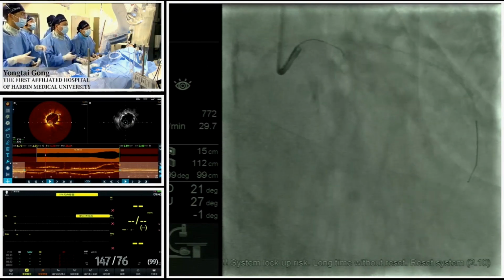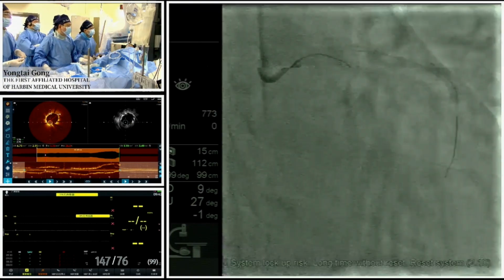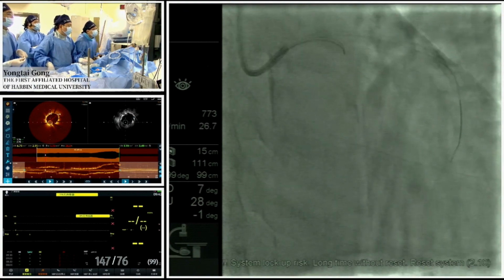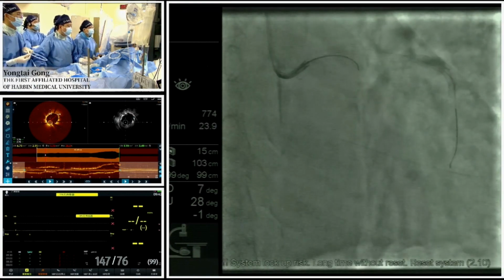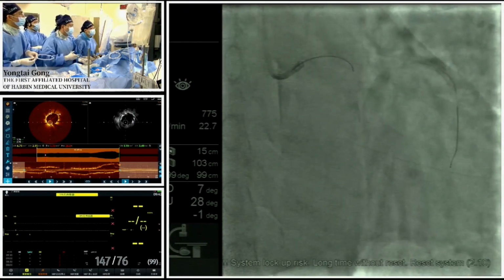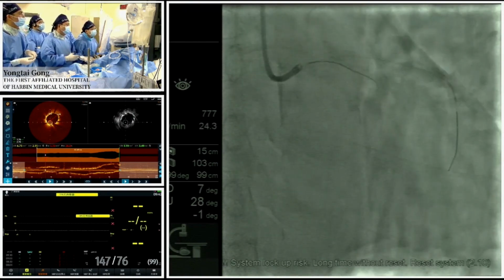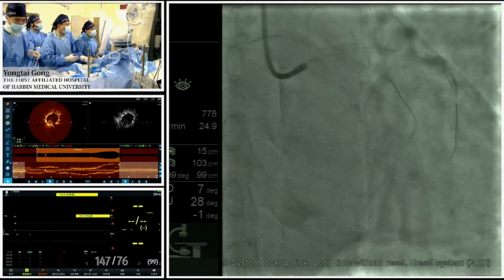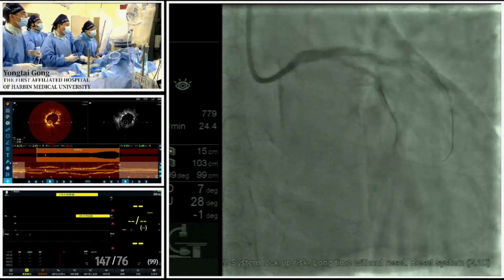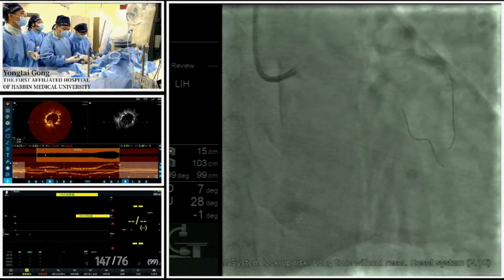The aim of the procedure after LM to LAD stenting is to remove the stent struts at the side branch, the LCX ostium, to eliminate the stenosis of the side branch and maintain the carina in its central position.